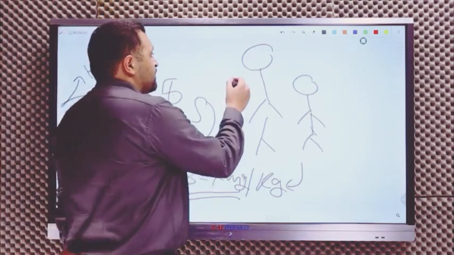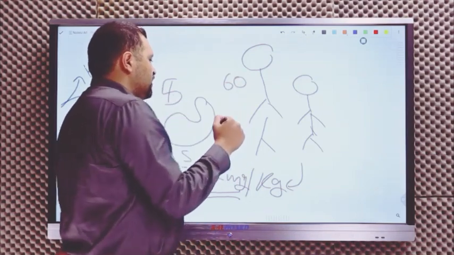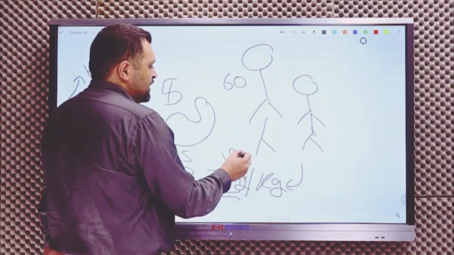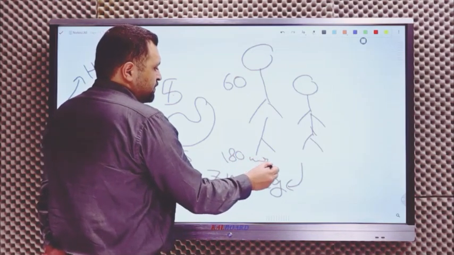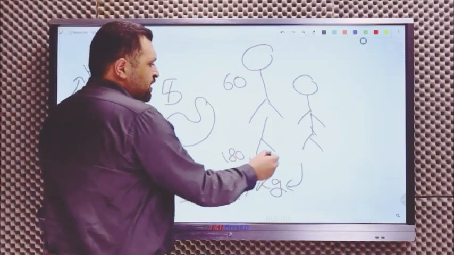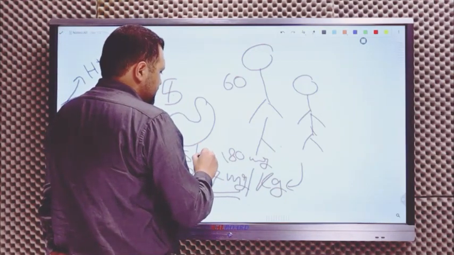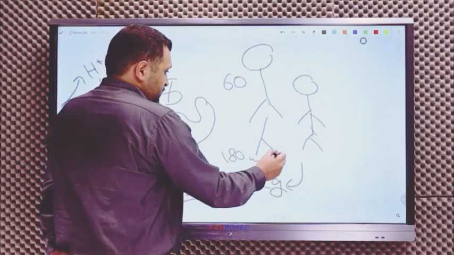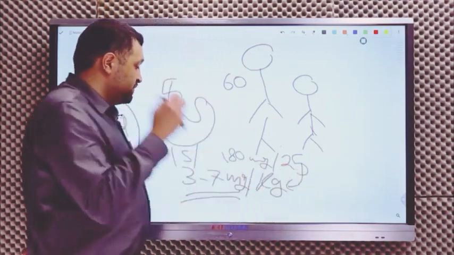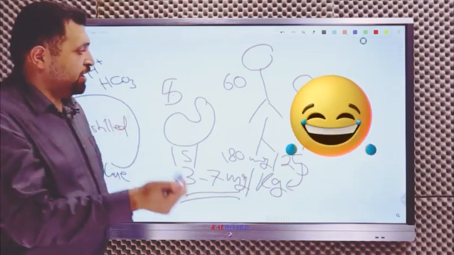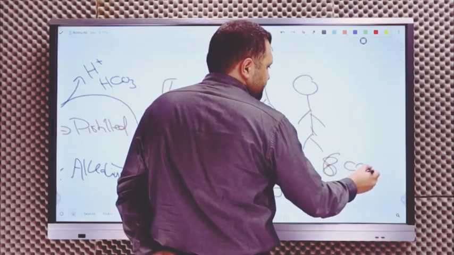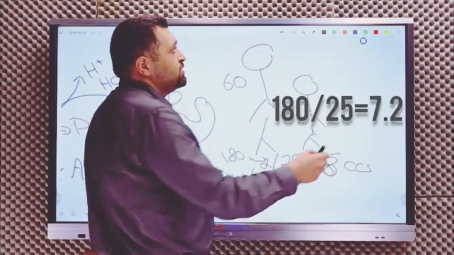If this guy has 60 kilograms, we will give him 180 milligram of thiopental. But how many cc's? We will divide this by 25. We will have around 8 or 6 cc's. Do the calculations, please.